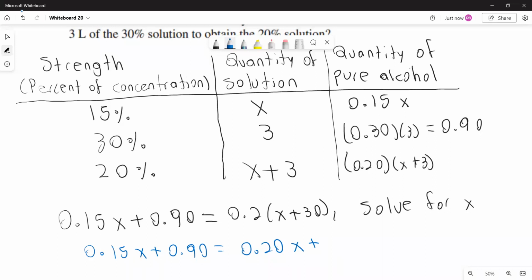I see what mistake I'm making. I was adding an extra 0, so that's 0.6.